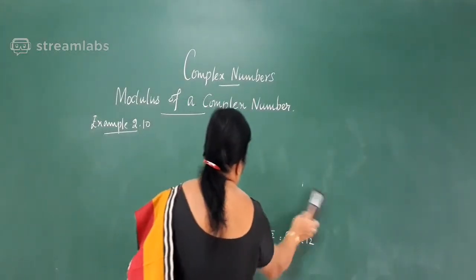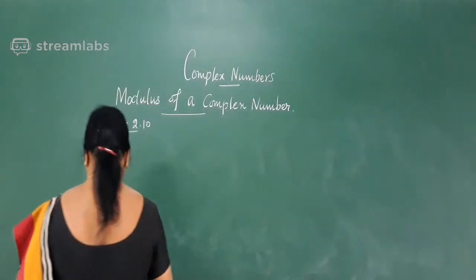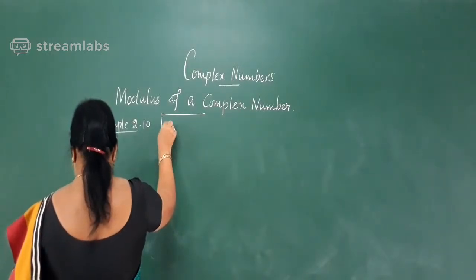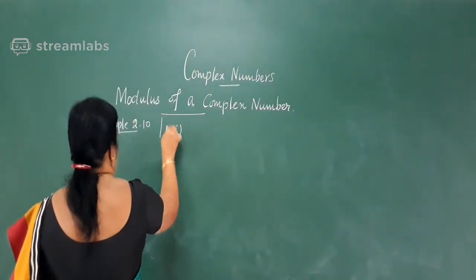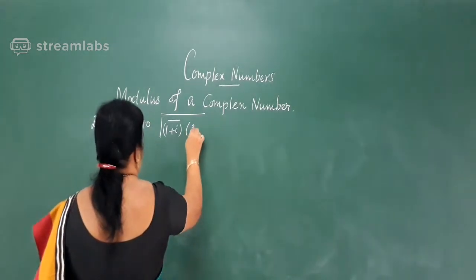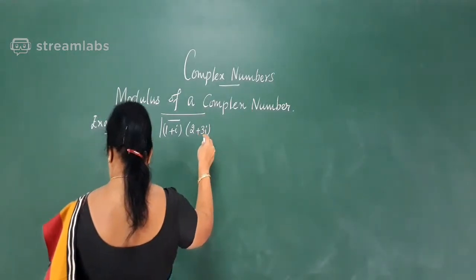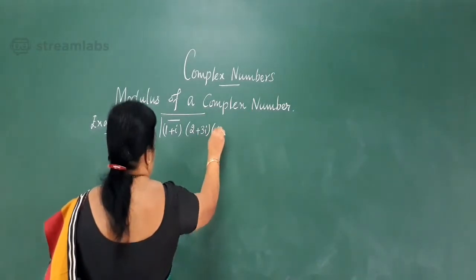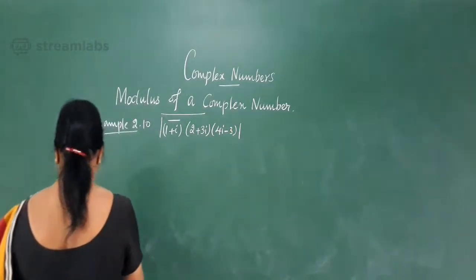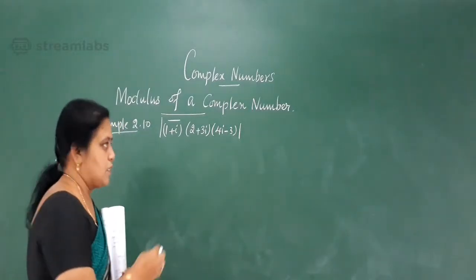Now the second option in example 2.10, we got the modulus of the conjugate of 1 plus i, into 2 plus 3i, into 4i minus 3. First, we split these terms.